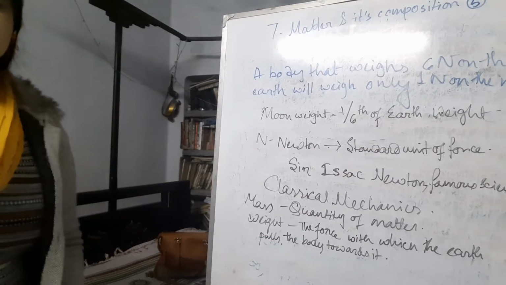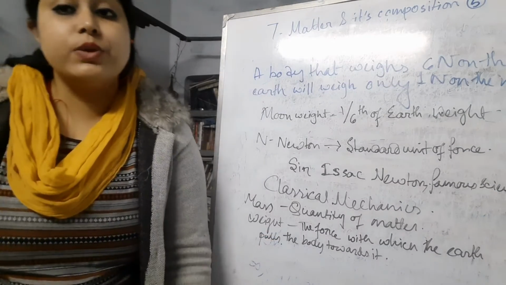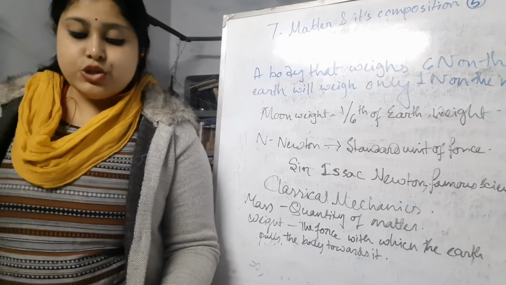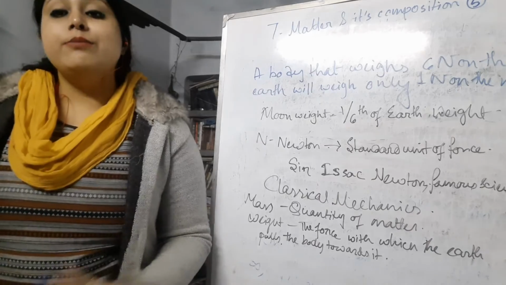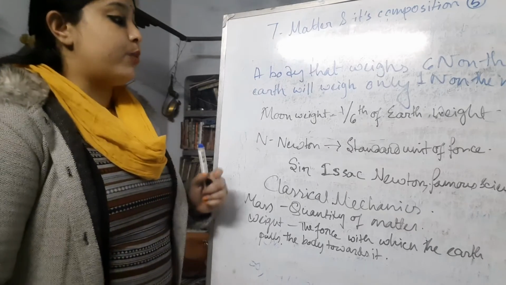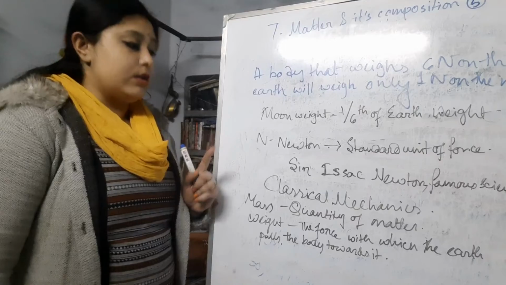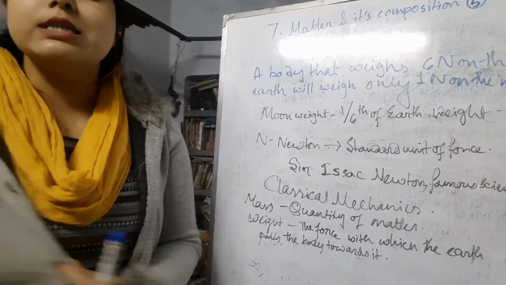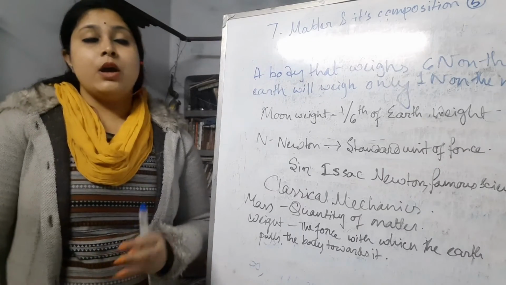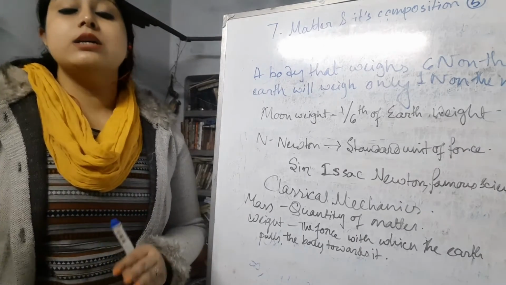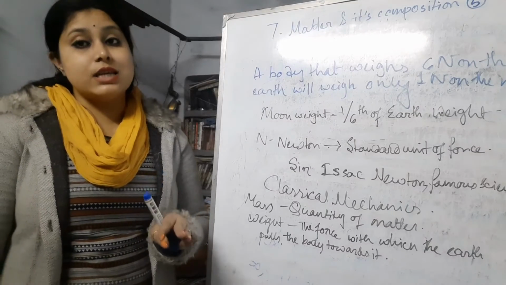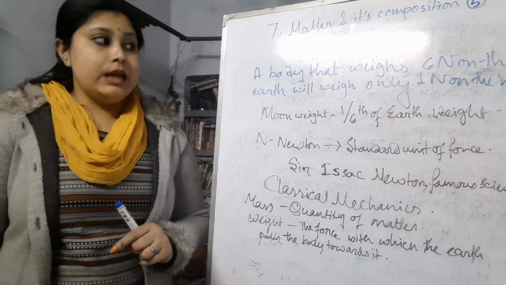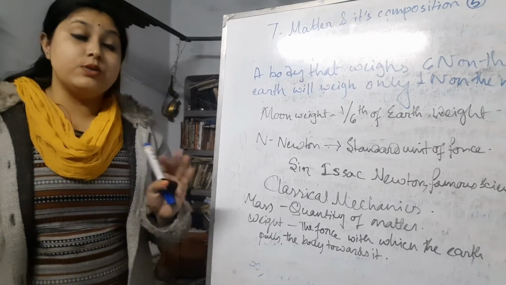These two new terms we have now learned. The mass of a body does not change, but the weight changes from place to place. You understood that your weight on the earth will be 1/6 on the moon. That means if your weight is 36 kg on earth, then it will be only 6 kg on the moon, 1/6 of the earth weight. This is a new thing you learned today.